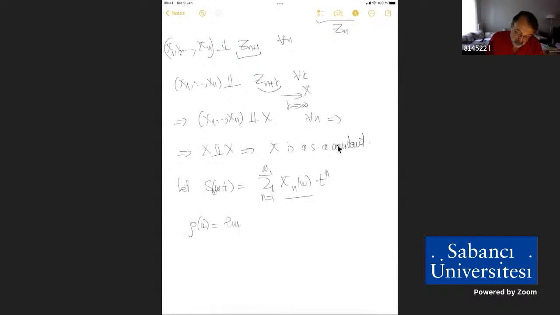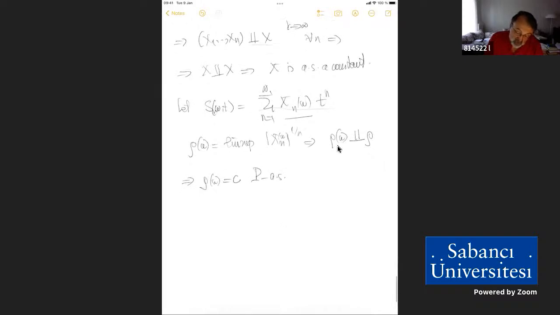This is equal to the lim sup of |Xn| to the 1 over n. Then we find that rho omega is independent of itself. Hence, it is a constant, equal to a constant p almost surely. So this means that the radius of convergence of this series is constant, although the coefficients are random.